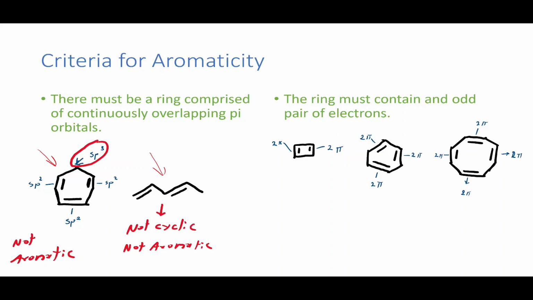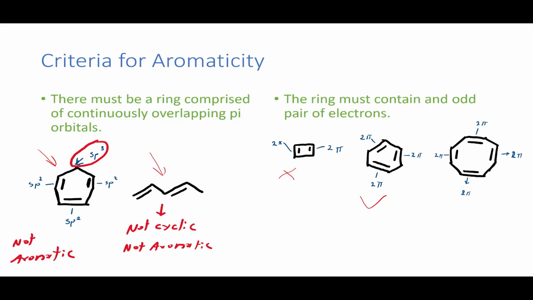And then the second criterion is that the ring must contain an odd number of pairs of electrons. This one here does not contain an odd number of pairs of electrons. This one here, which is the benzene ring, does contain an odd number of pairs, right? In total 6, for a total of 3 pairs of pi electrons.